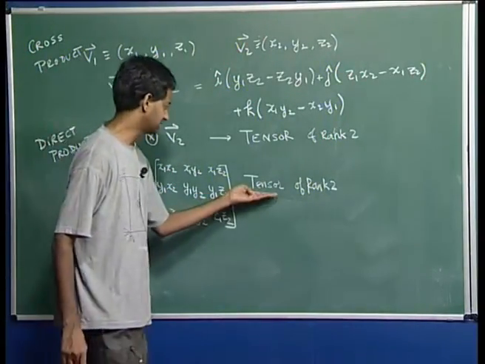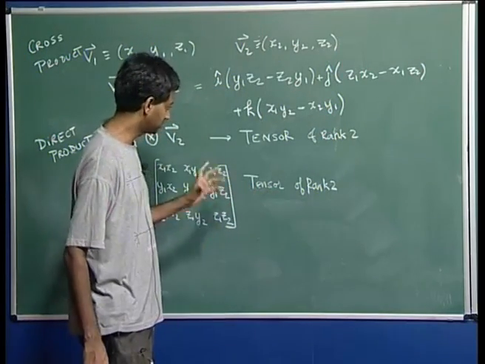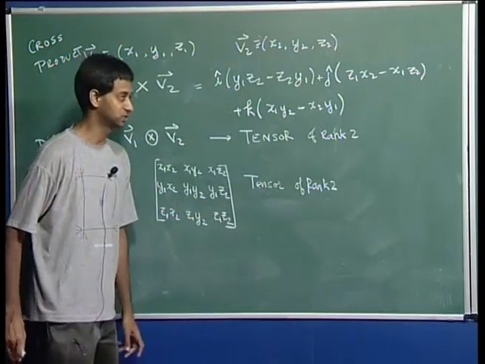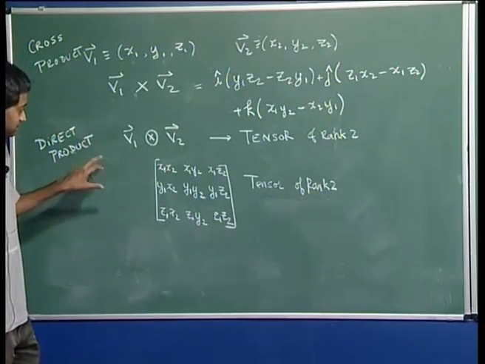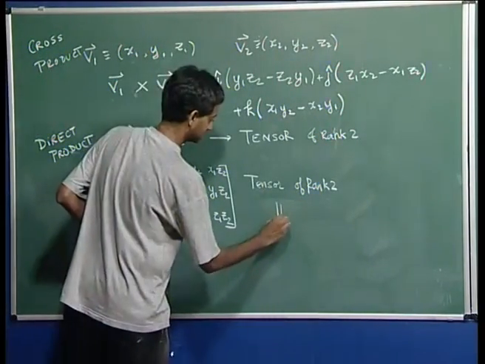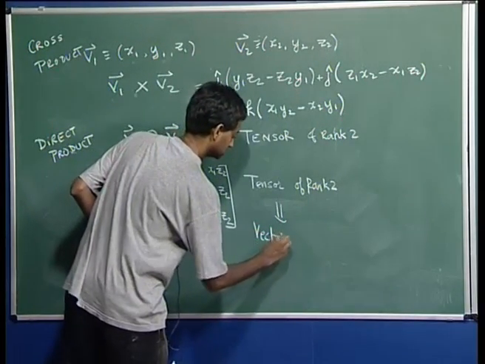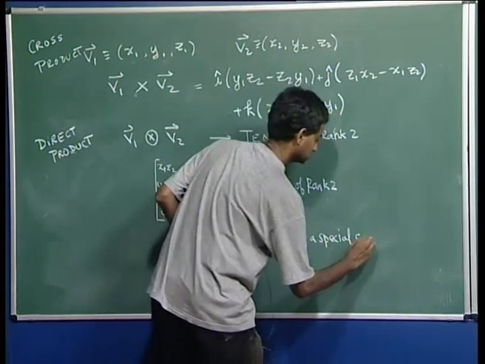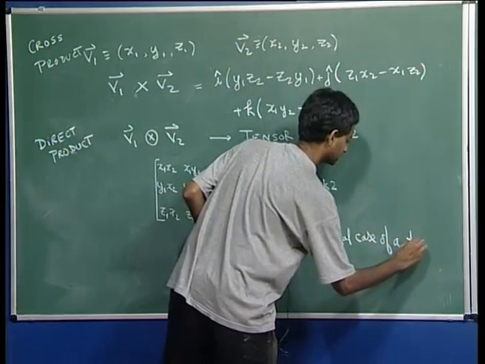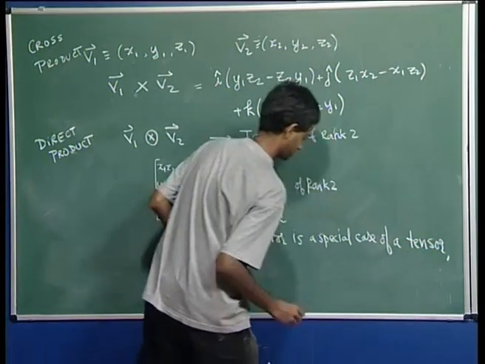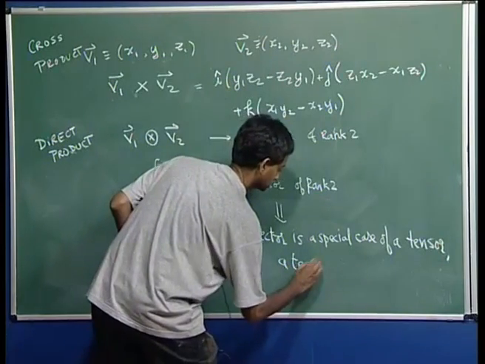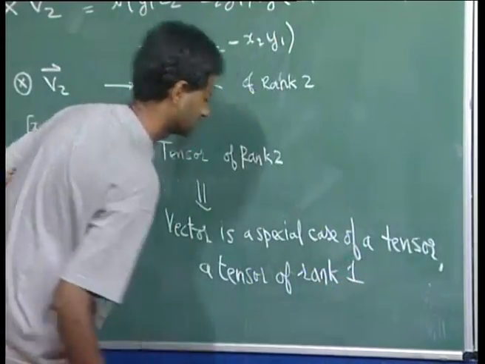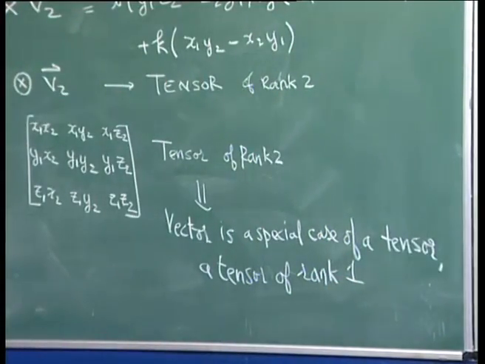Now we won't talk much about tensors, but one useful way to think about tensors is that these are objects that are a generalization of the concept of vectors. So in this scheme, a vector is a special case of a tensor, and it is a tensor of rank 1.